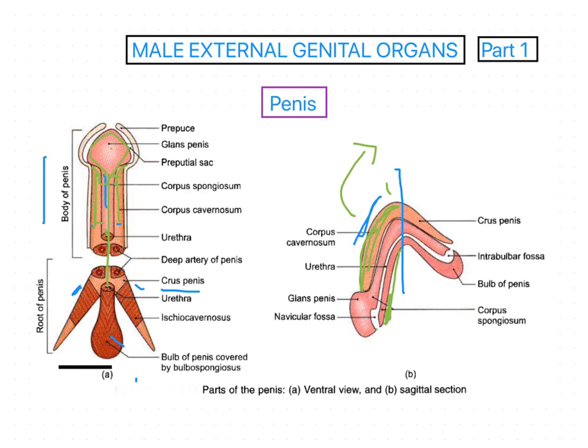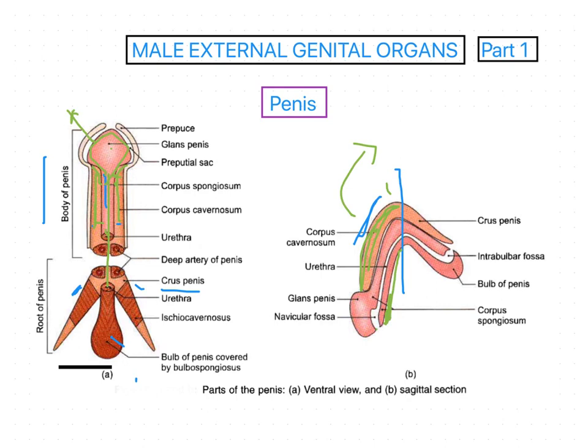Okay, and this prepuce is a retractable fold of skin, and the space between it and the glans is called the preputial sac.